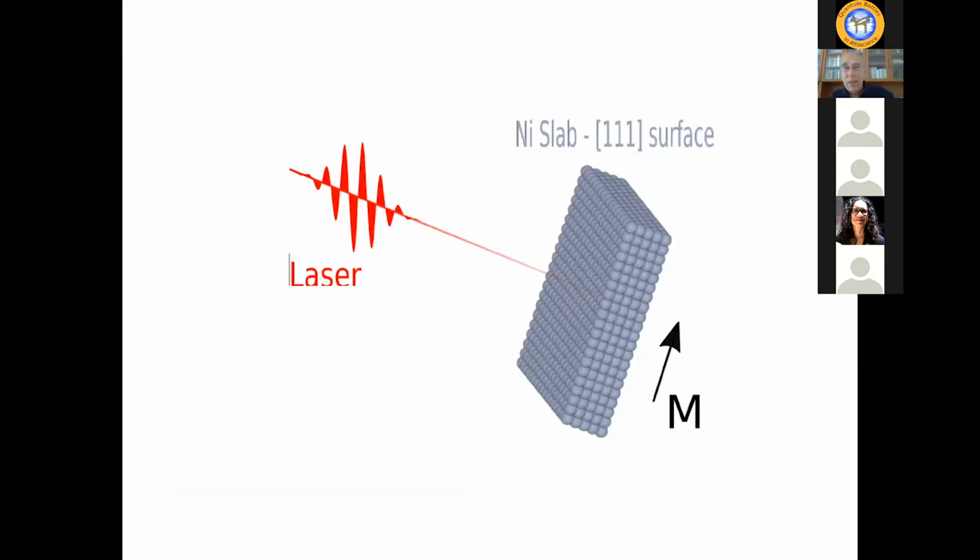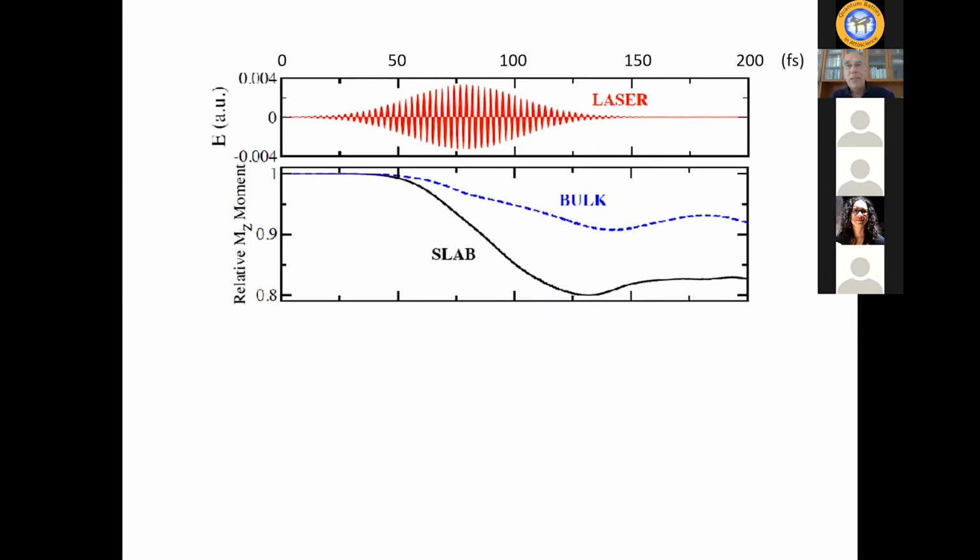So now another calculation for a nickel slab. There you see that this demagnetization is stronger in the slab than in the bulk. And this was with a realistic experimental laser pulse, and this effect was also found experimentally.